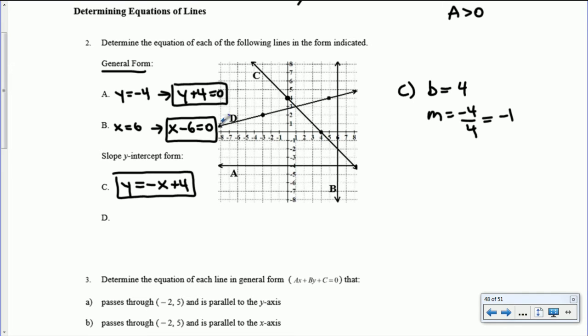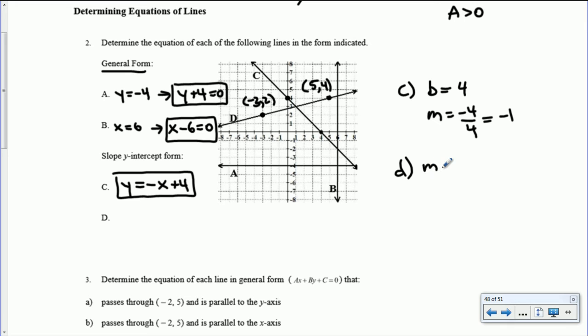And last one, D. I'll just write that over here. We need to figure out the slope. So I have 2 points that we know cross through the crosshairs. So there's 5, 4. And this one here is negative 3, 2.